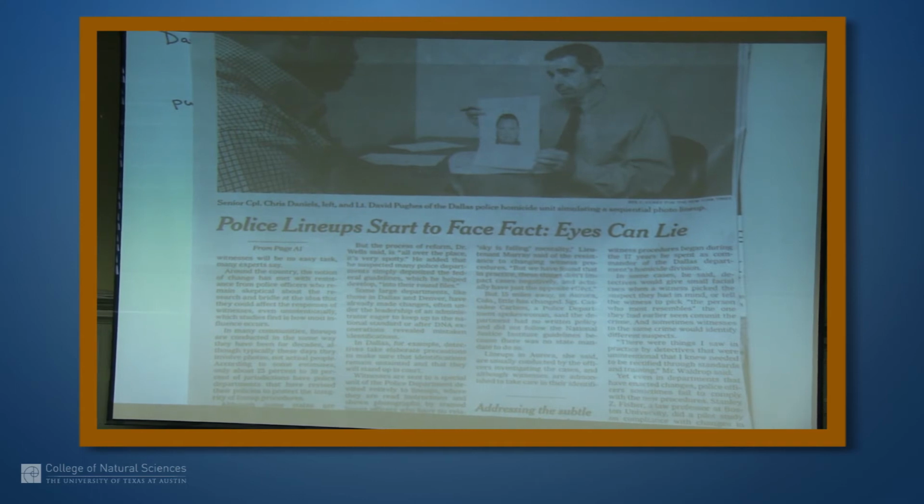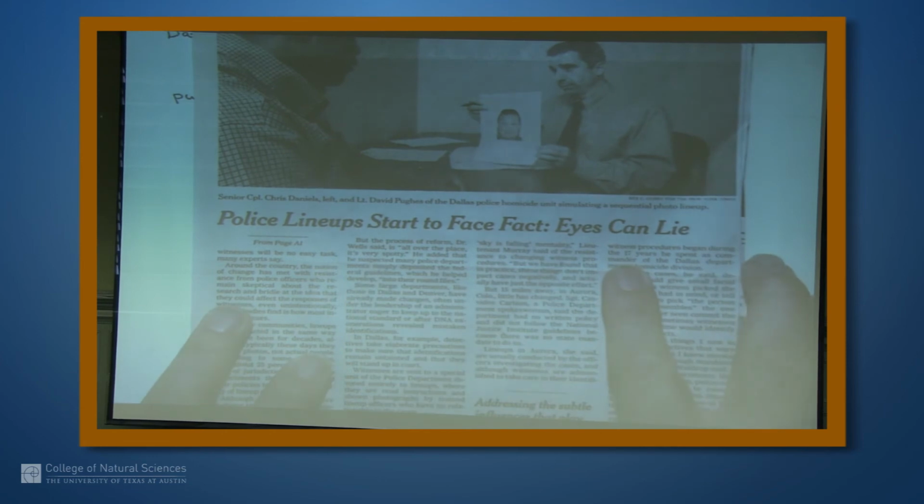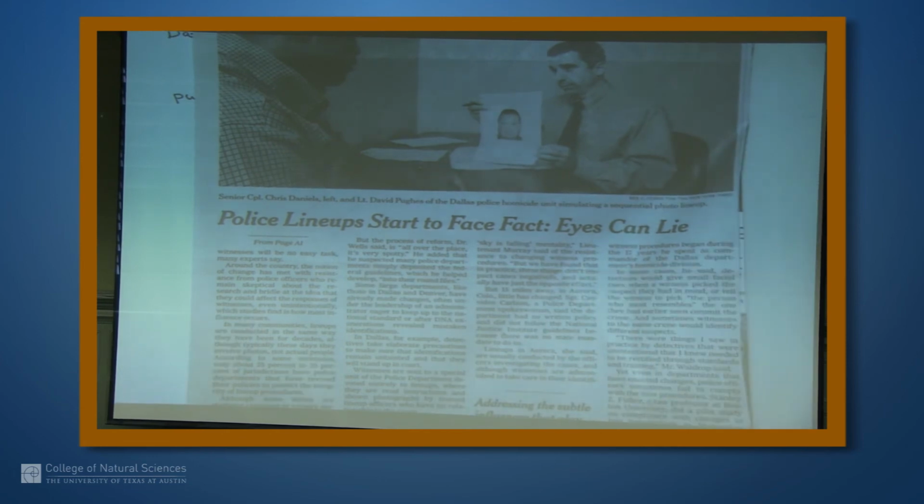So eyewitness identification, and you know, if we go back to the first day survey, you're aware of that, but somehow people still get convicted with it. So this was an article in the New York Times a couple of years ago on how at least some police units are now trying to clean up the way they administer lineups to avoid problems in those data.